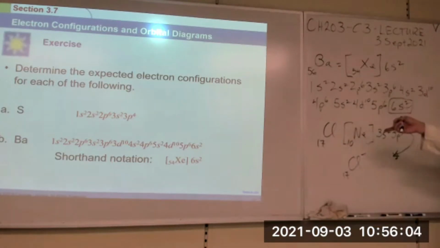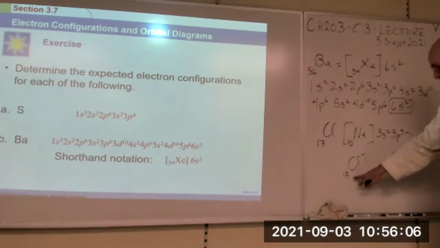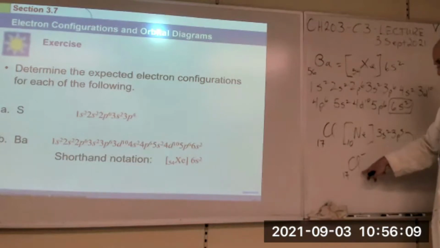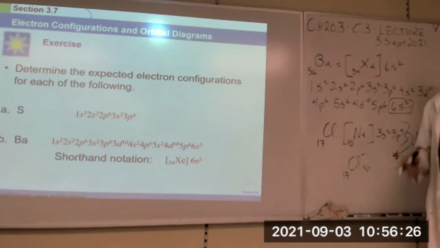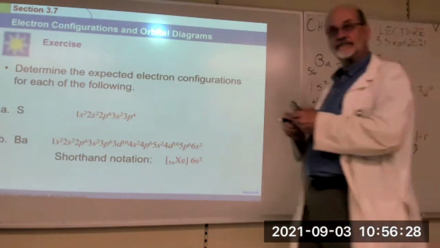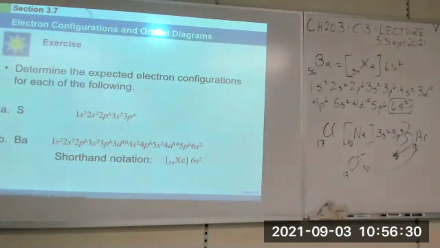You've got 17 protons, 17 electrons, but you add 1, and now you have 18 electrons, looking like argon. That's the same electronic configuration as the chloride ion. That's why all the halogens prefer a -1 charge, because to look like a noble gas, all you have to do is add 1 electron.